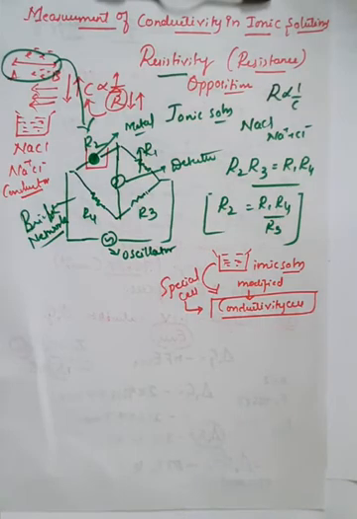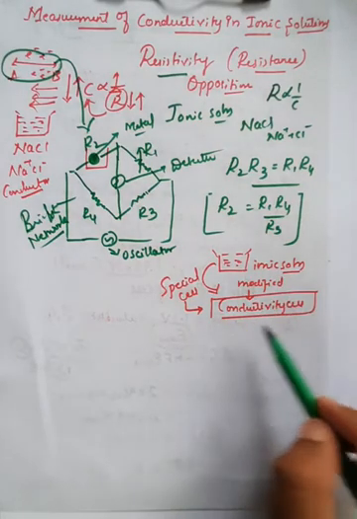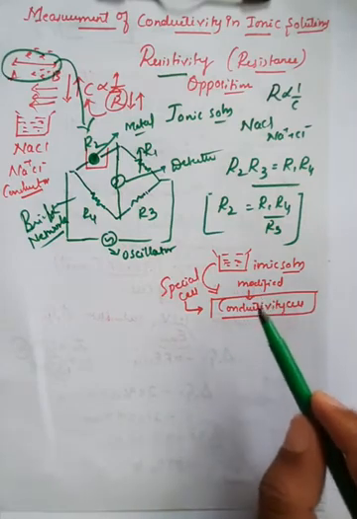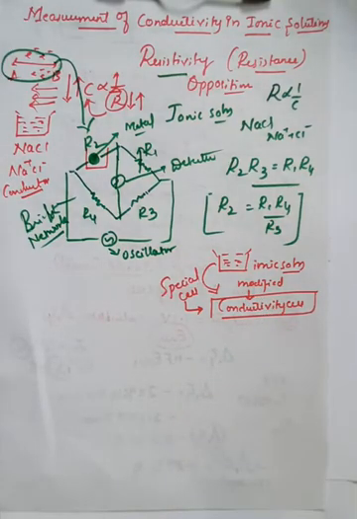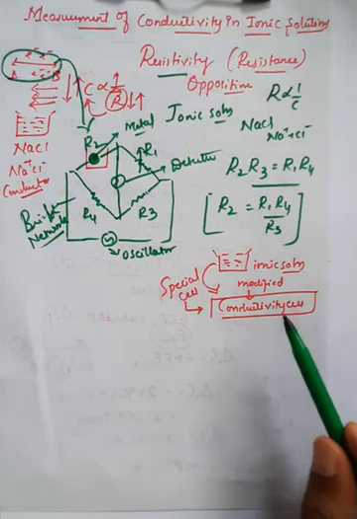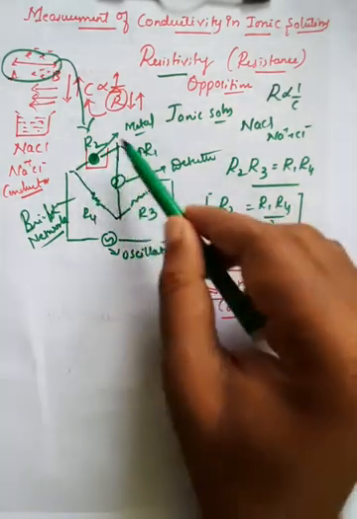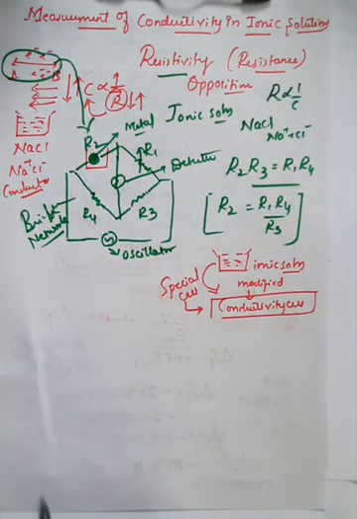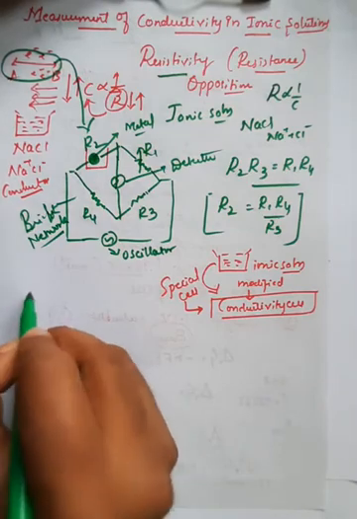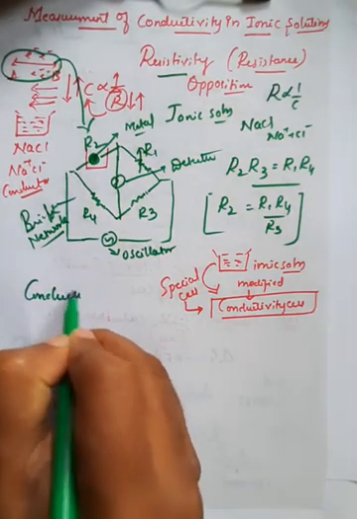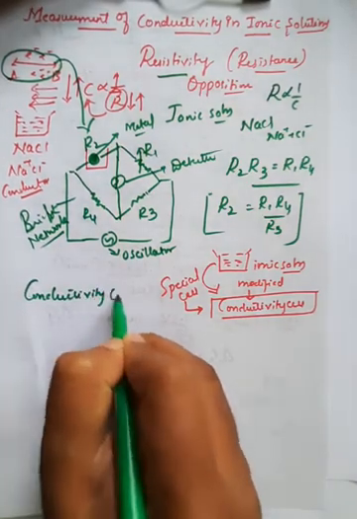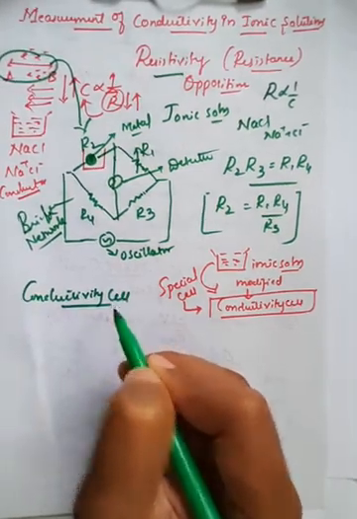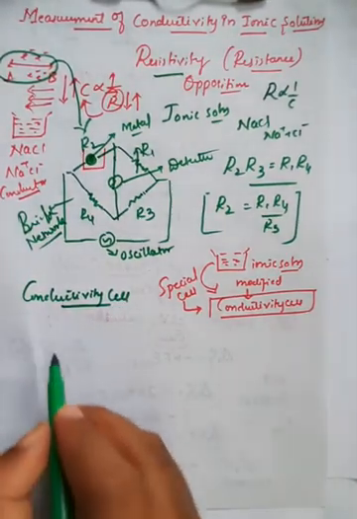With the help of that conductivity cell, by converting the ionic solution we have taken in the beaker into a conductivity cell, we can fix it into the Wheatstone bridge. So I will draw the diagrammatic representation of the conductivity cell. Generally, a conductivity cell is a cell in the form of a glass tube.